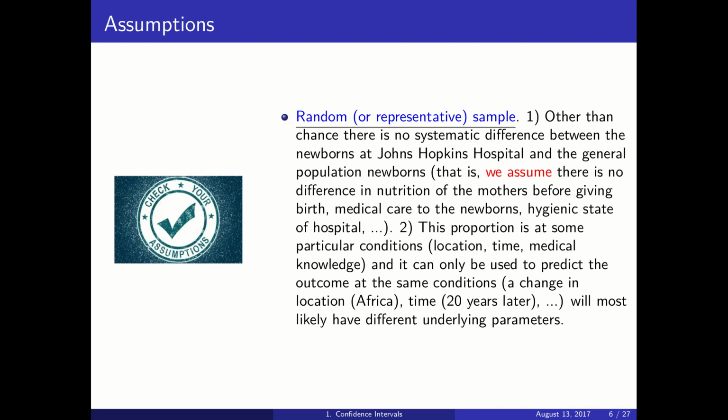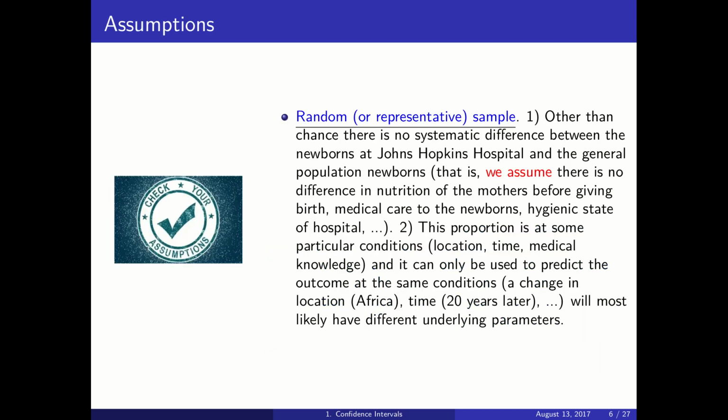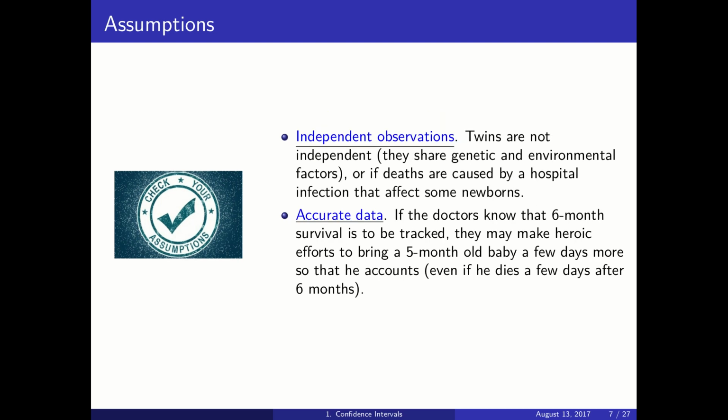And then this proportion of survival does not apply anymore. So when you generalize from one sample to the population, you're assuming that the sample is representative and that this proportion, this parameter, stays fixed over conditions, over location, over time, etc.